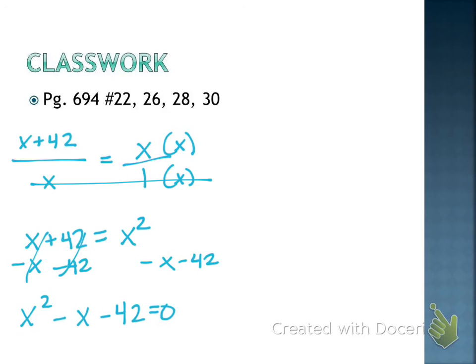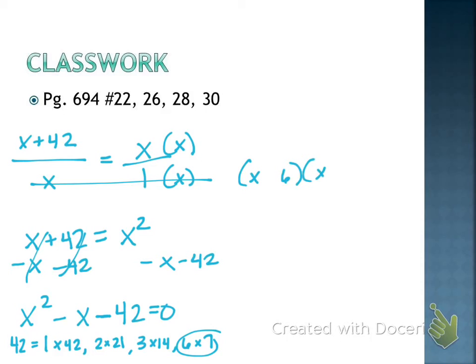Now I can factor. The factors of 42 are 1 times 42, 2 times 21, 3 times 14, and 6 times 7. Which ones subtract to give me 1? 6 and 7. So I'm going to have x and 6, x and 7 equals 0. And what are my signs going to be?